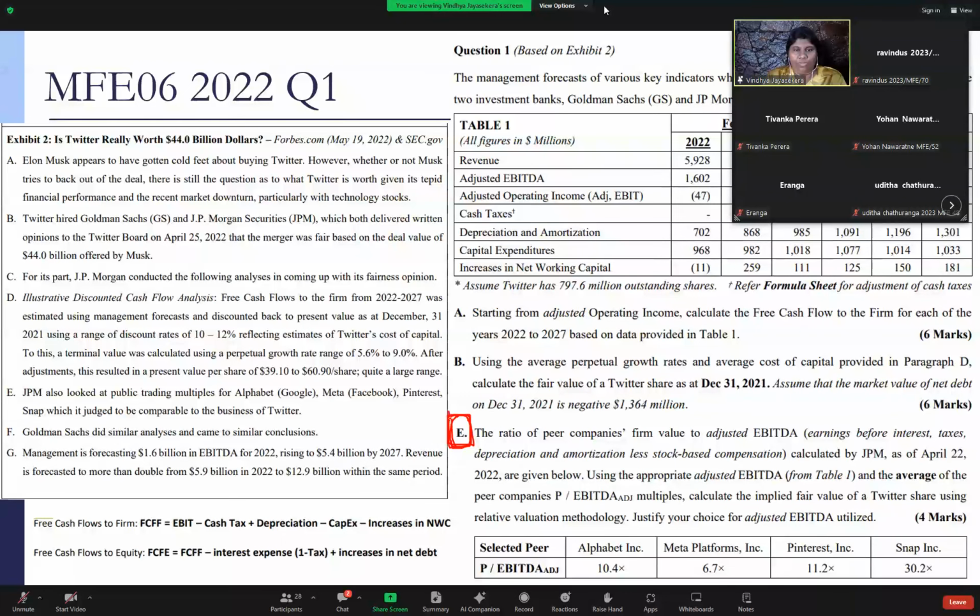We'll move on to derivatives, but just read through it and we'll discuss it and take the break. Part E. JPM is JP Morgan.